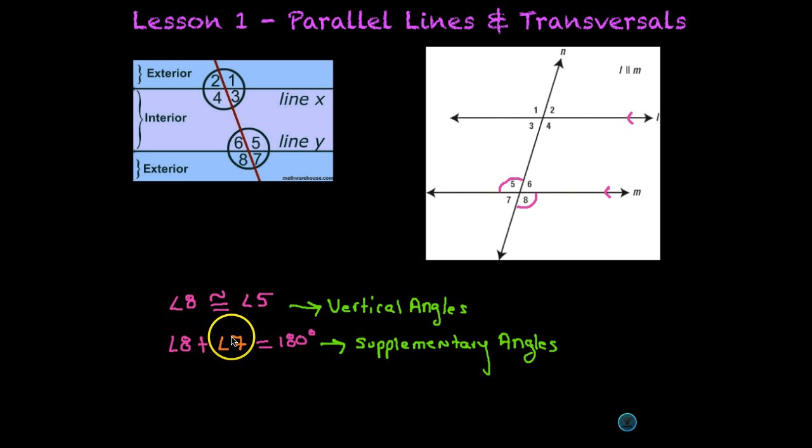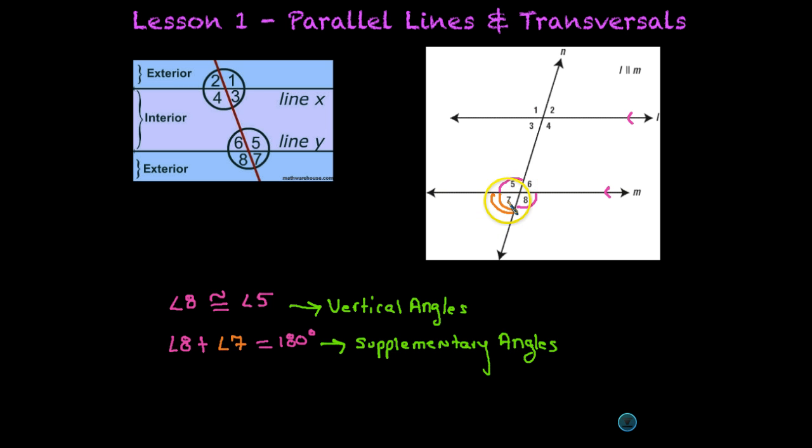So angle 8 plus angle 7 here, which we'll mark angle 7 by using 2 angle marks. So that way we know it's different than angle 8 and 5. Okay, angle 7 plus angle 8 has to equal 180 degrees. They're supplementary angles. So if we know angle 8, we can find angle 7. And if we know angle 7, we can find angle 8.